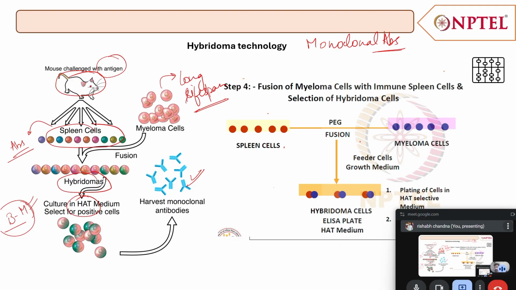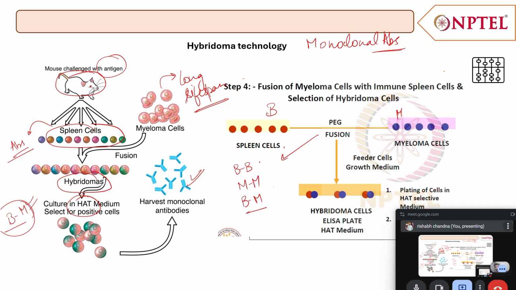For example, we have B cells here and myeloma cells here. The combinations after fusion will be either B cell to B cell fusion, M cell to M cell fusion, or B cell to M cell fusion.